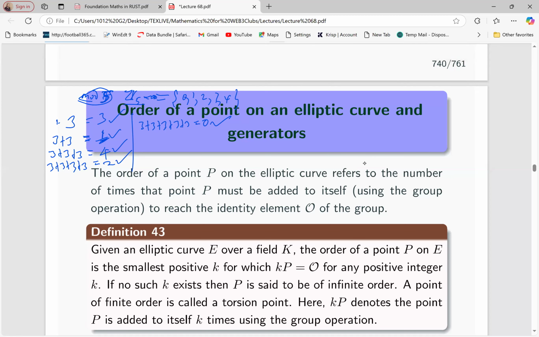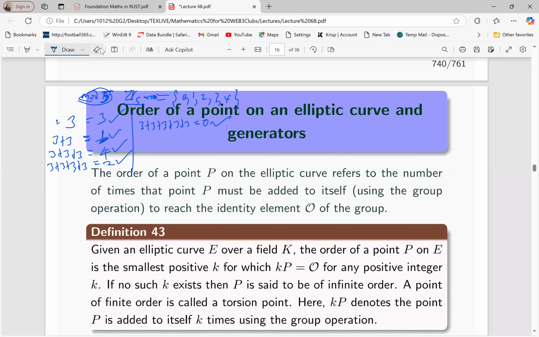This is what we mean by a generator. A generator is that element you add to itself a number of times, and every time it generates a new element, until it generates all the elements of the group. That is what it is even for the elliptic curves.